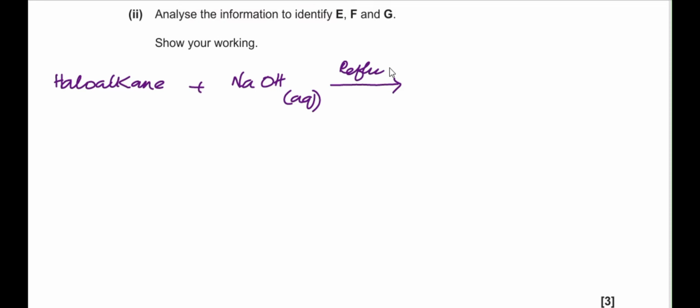So there is this haloalkane reacting with aqueous sodium hydroxide under reflux conditions to form a compound F, and then it is treated with dilute nitric acid to neutralize the excess NaOH in the mixture, and then it is treated with AgNO3 and it forms a compound G, which is a precipitate.